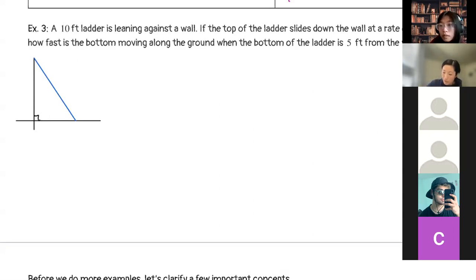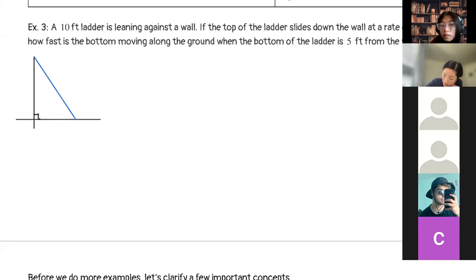You can label this however you want, but I typically label any horizontal distances as an X value and any vertical distances as a Y value. And if I'm using X and Y, then it follows that the third side is Z. But you could use A, B, and C, it doesn't really matter.